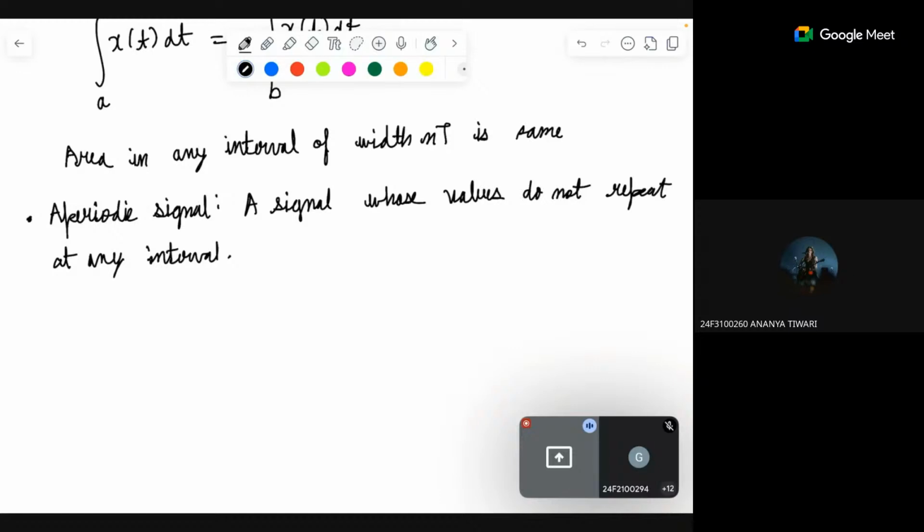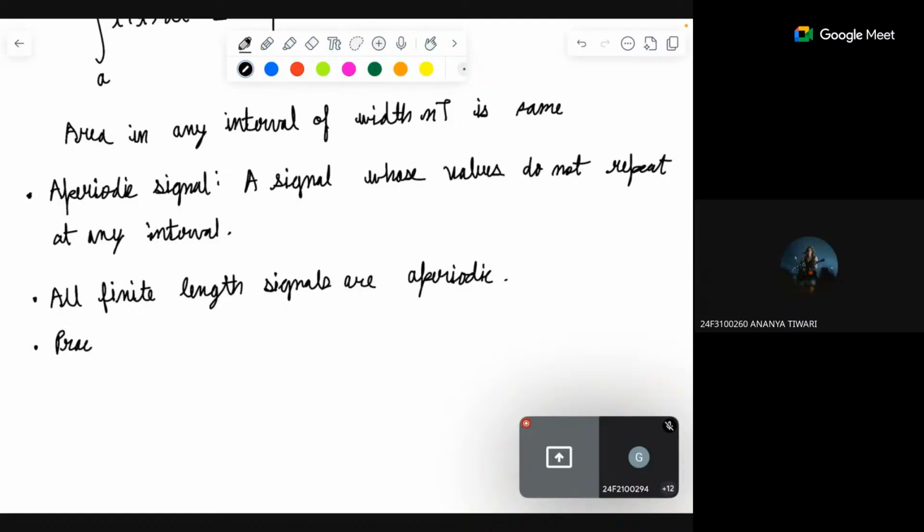So all finite length signals are aperiodic. Is that fine, or is there any confusion in this? It's fine. Okay. All finite length signals are aperiodic. But practically we have finite length signals only, right? Yes, ma'am.